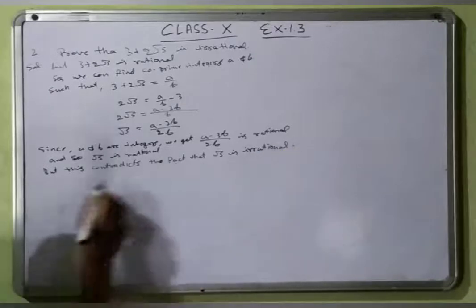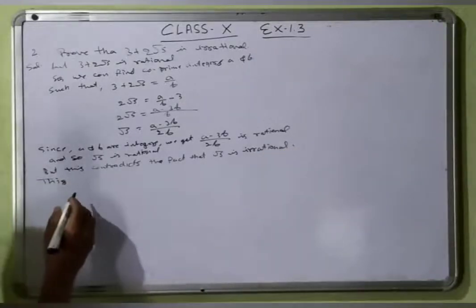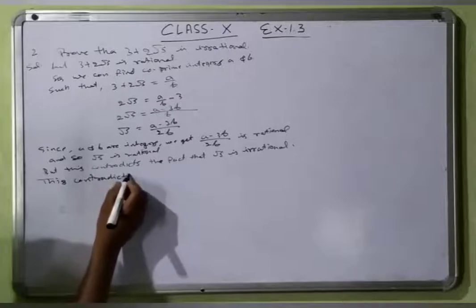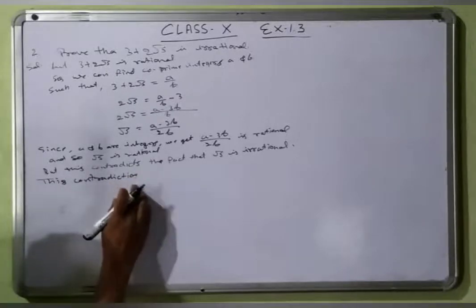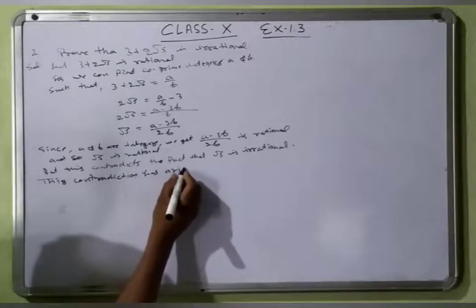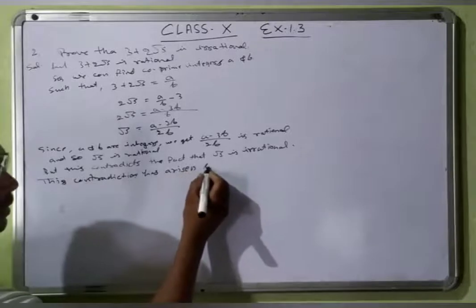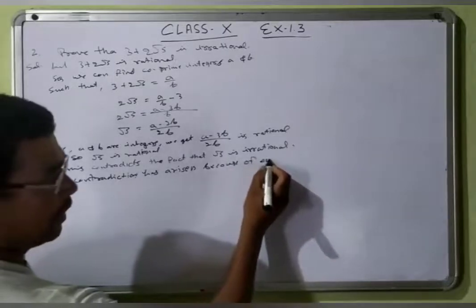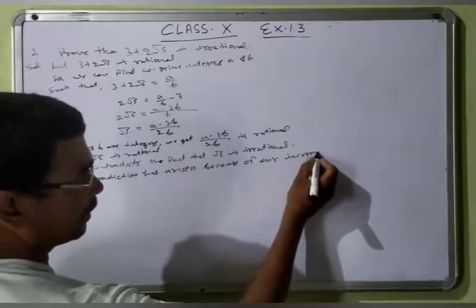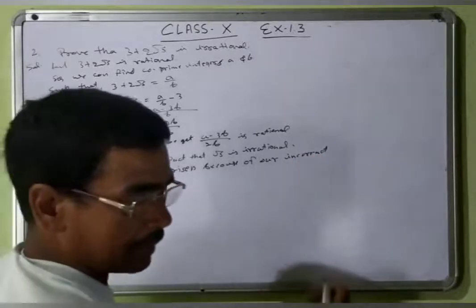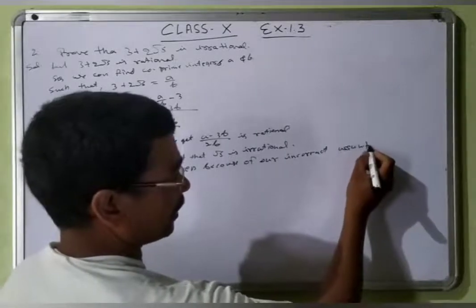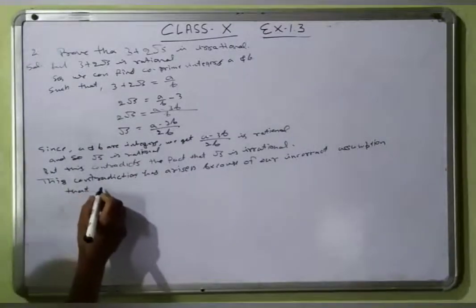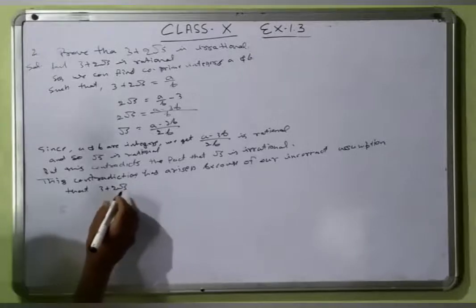This contradiction has arisen because of our incorrect assumption that 3 plus 2 root 5 is rational.